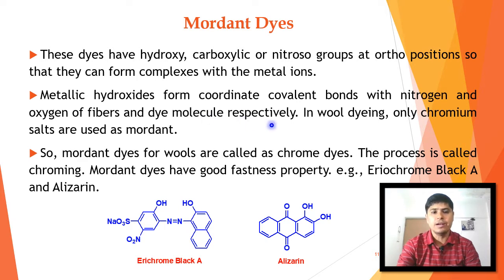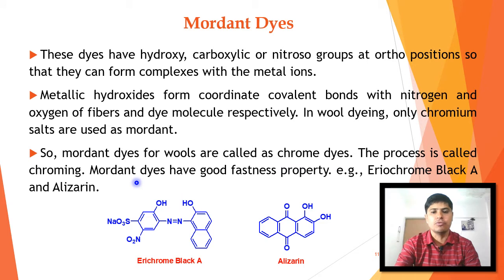In wool dyeing, only chromium salts are used as mordant. So mordant dyes for wool are also called chrome dyes, and the process is called chroming.